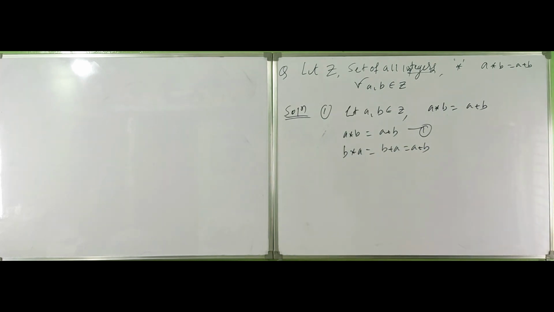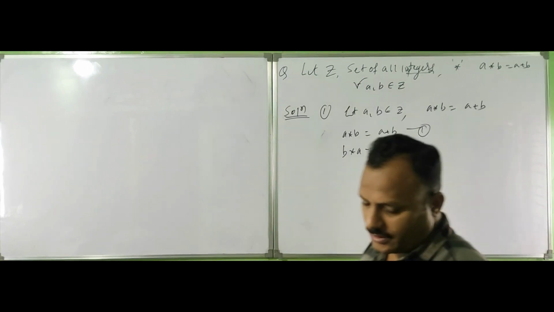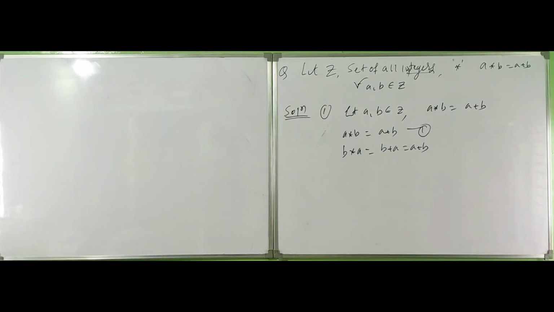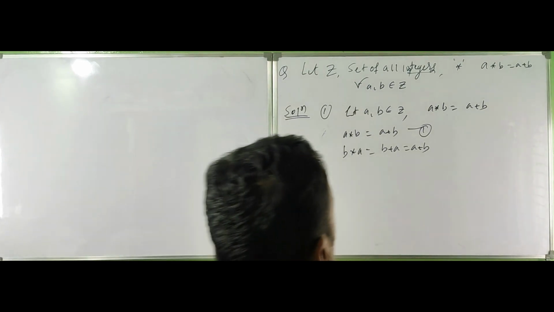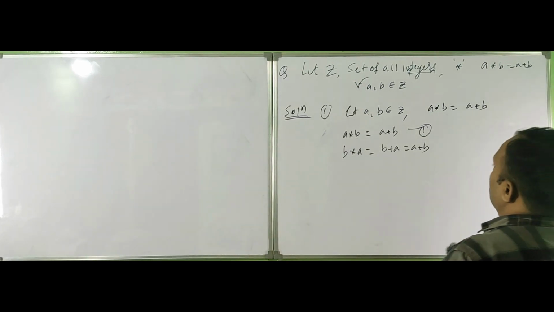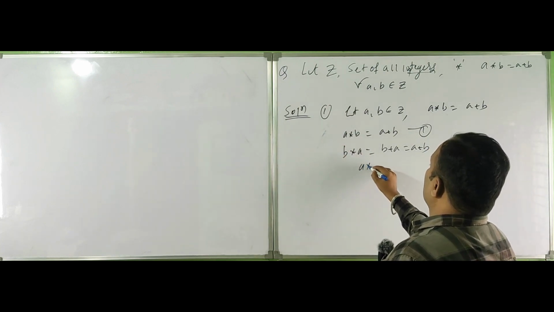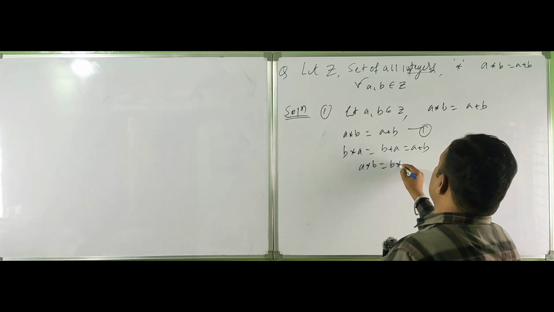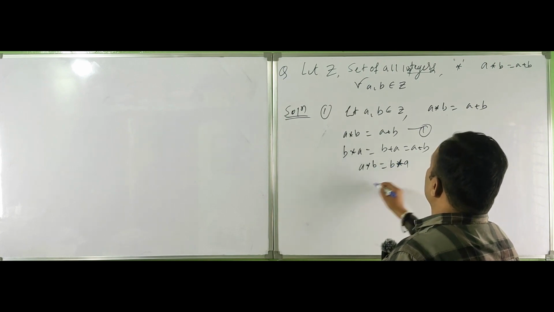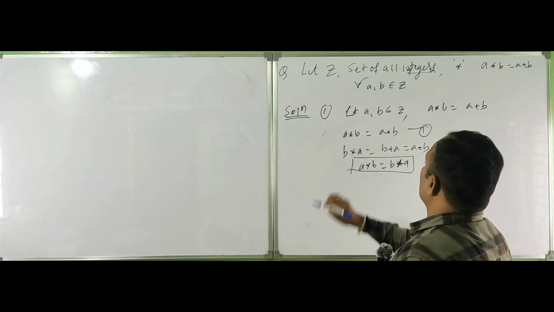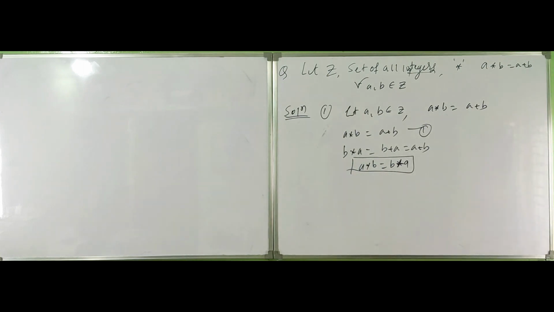Can I write this one? B plus A. Right? A star B is equal to B star A. Are you getting it or not? Same thing, same elements. This implies that A star B is equal to B star A. This is commutative.